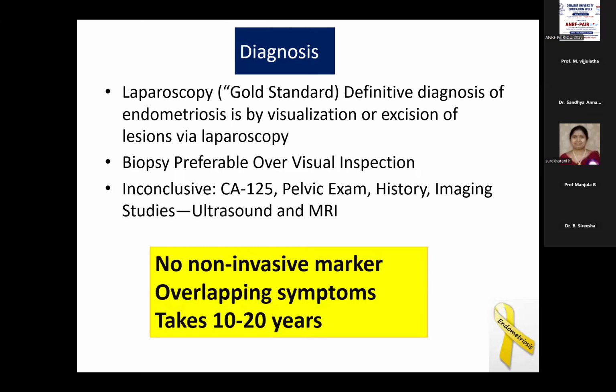But as of now, there is no non-invasive marker, and the disease has overlapping symptoms with several pelvic disorders, even with IBS. So it is very difficult to diagnose, and a female will suffer for 10 to 20 years, irrespective of any region or country in the world. If the diagnosis is not there, treatment will be very difficult.